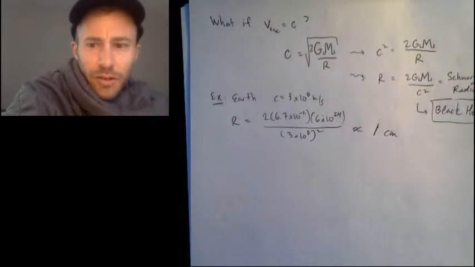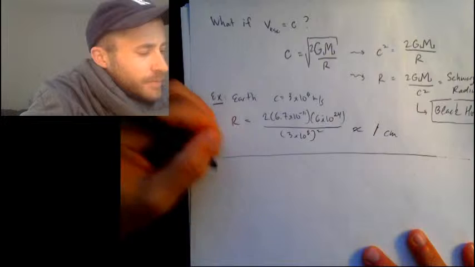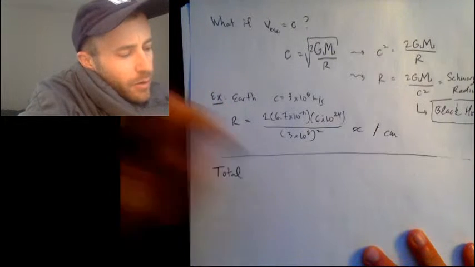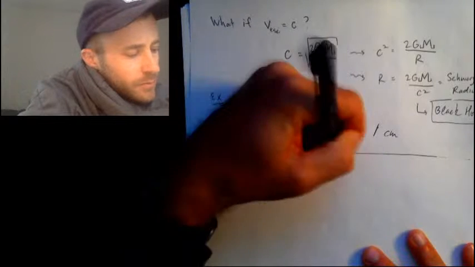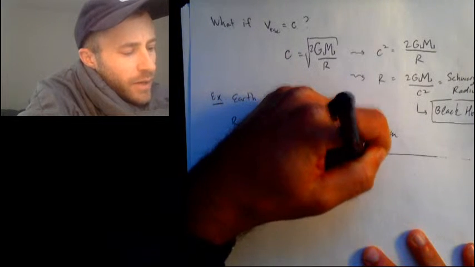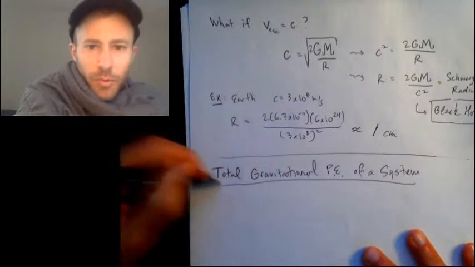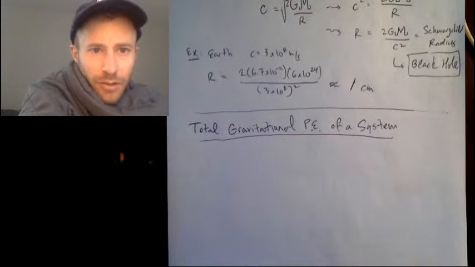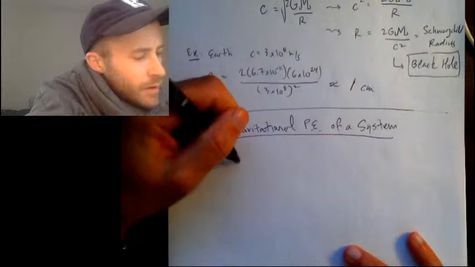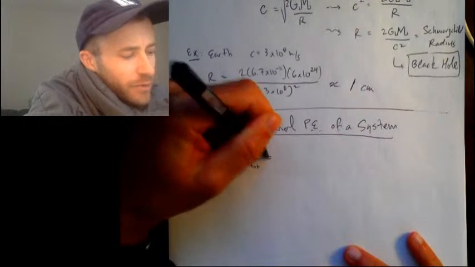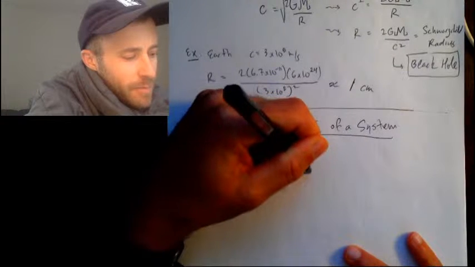Okay, I'm going to move on because I have one more thing that I need to talk about, which is the total gravitational potential energy of a system. If we want to know the total gravitational potential energy of a system, what we have to do is sum over all pairs of masses.